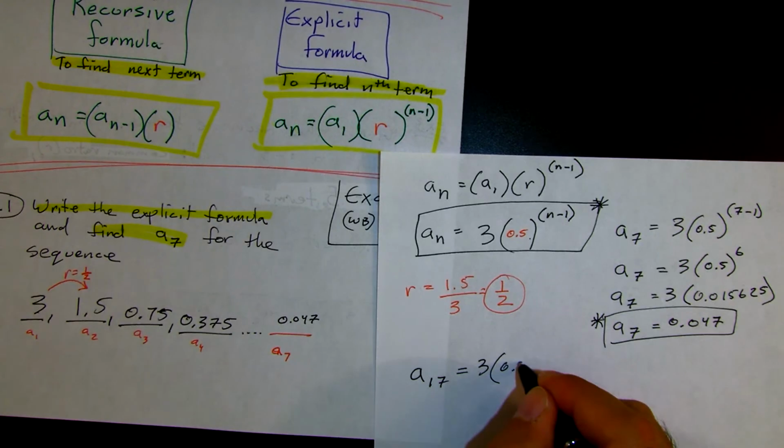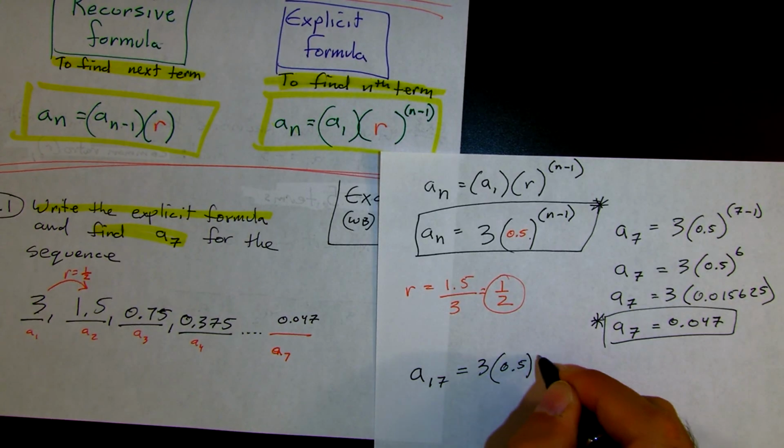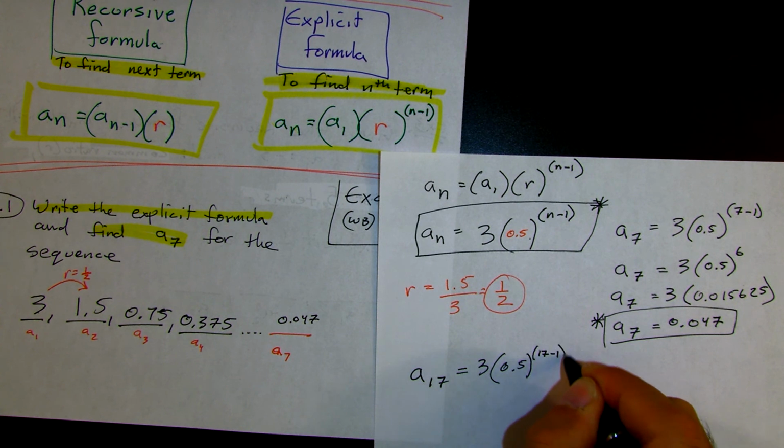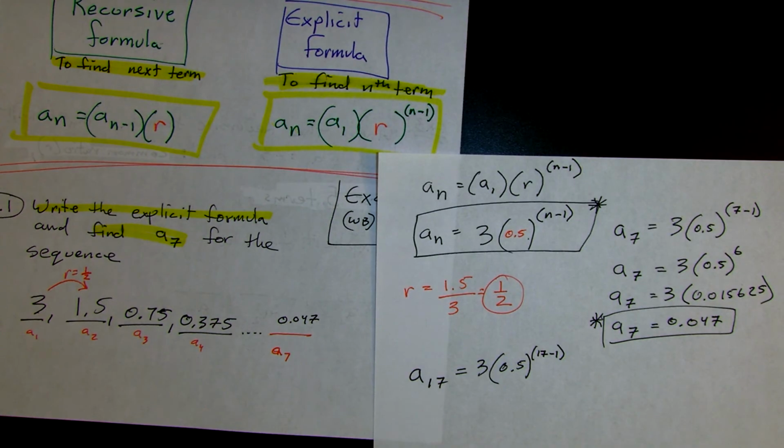Same recursive formula. It's going to be small, very small, because we're dividing in half 17 times. Okay, so first we're going to take that 0.5, raise it to the 16th, times 3.